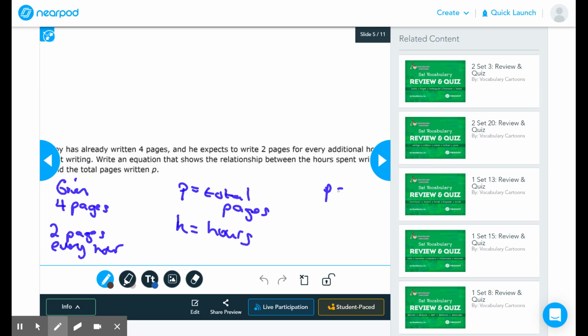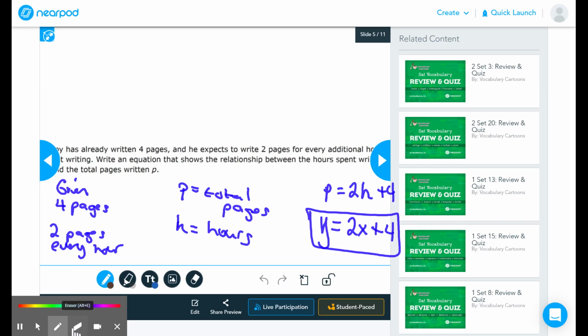You can use P equals, and then our rate goes with hours, plus the 4. If you don't feel comfortable using those letters, you can use that. So as long as you have the information written, you'll be fine. And your end answer is an equation.